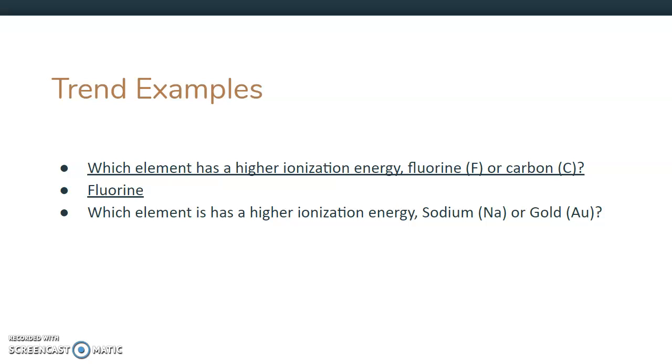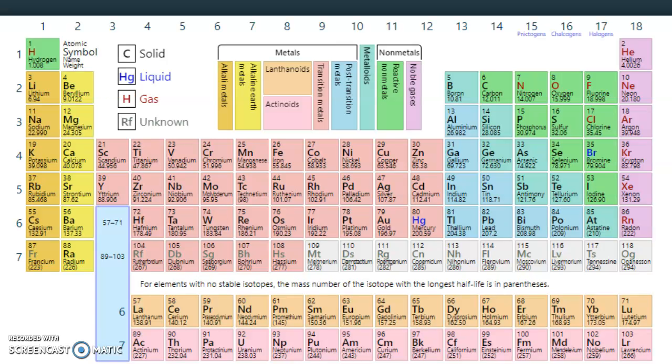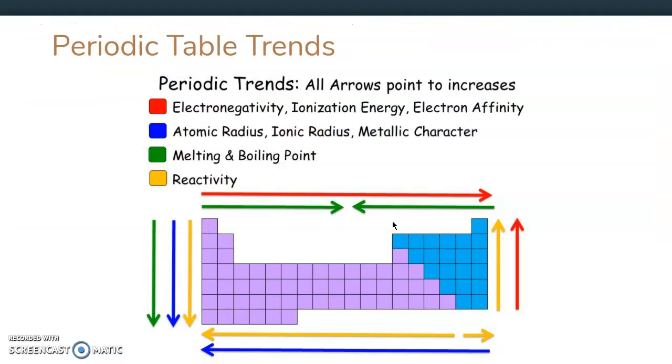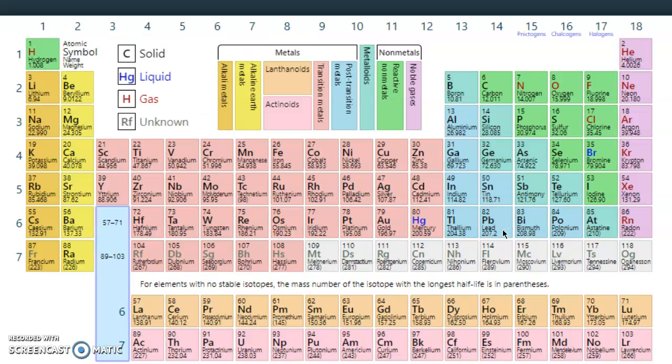Now, I would want you guys to do this one by pausing the video and thinking about it. So which element has a higher ionization energy, sodium or gold? So if we're looking at our table, sodium is in our alkali metals over here. Gold is down here. Looking at our trends, we have farther to the right and farther up.